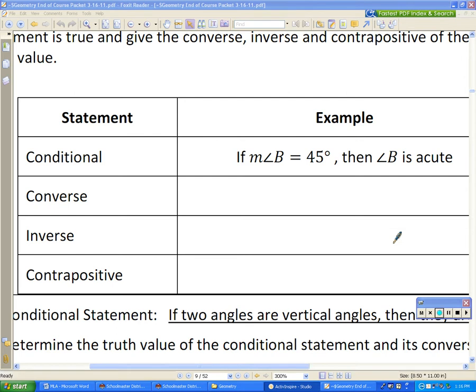And then the contrapositive is the combination of these two right here. You flip them around and make it negative. So if not acute, then not 45 degrees.